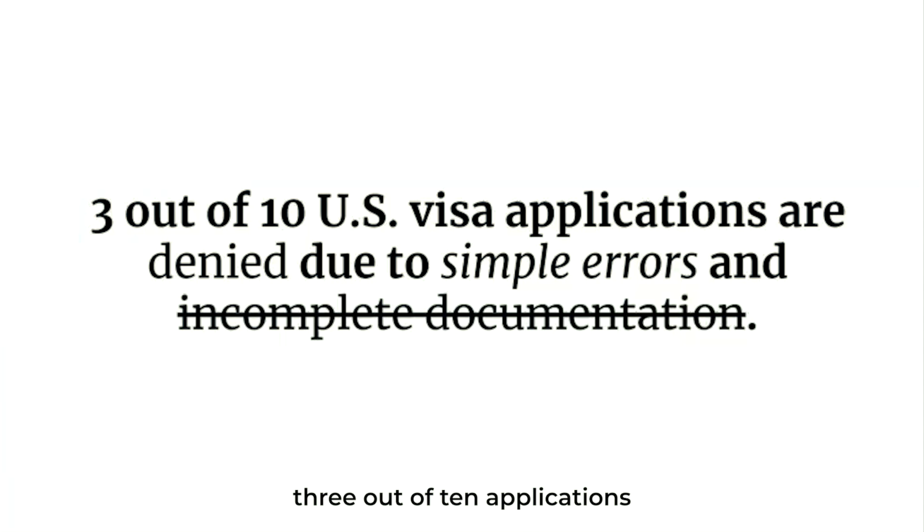3 out of 10 applications to go to the USA are rejected or denied because of simple reasons: incomplete fields within the application form, or simple errors like, maybe you were single and then you put married by accident.